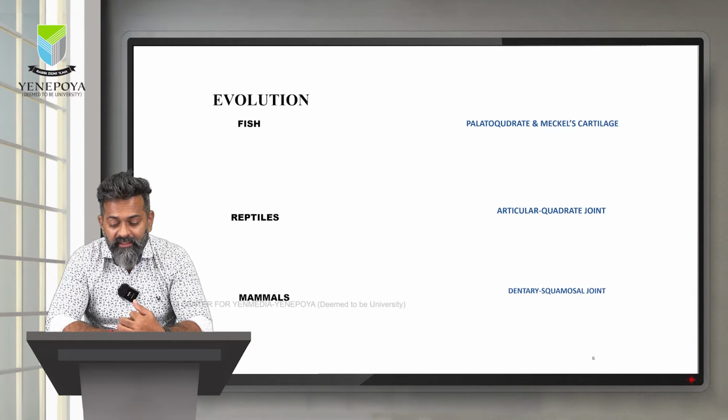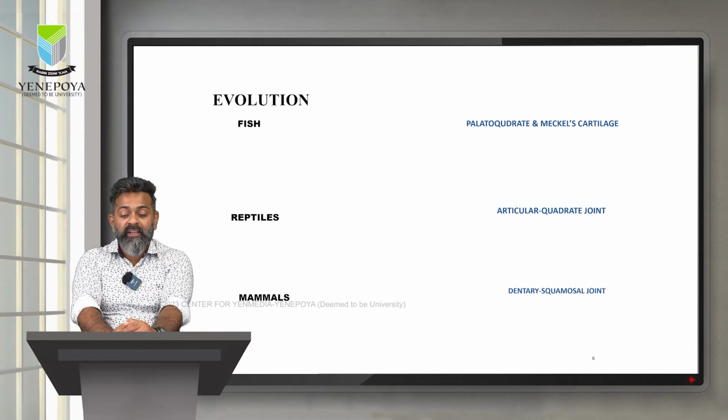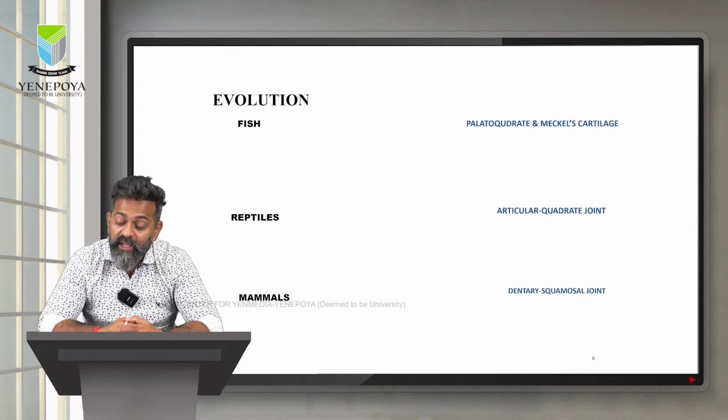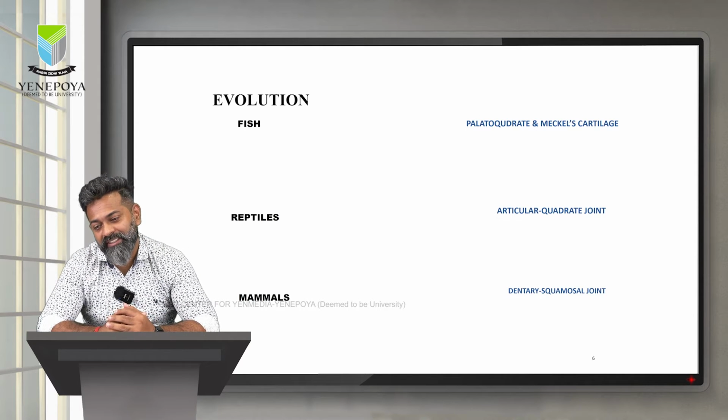In mammals, a new joint was created between the dentary and the squamosal part of the temporal bone. That makes the articular-quadrate joint into a dentary-squamosal joint.